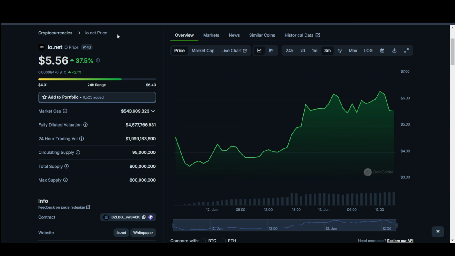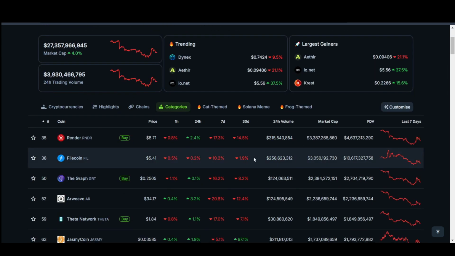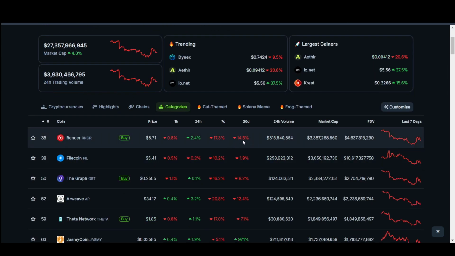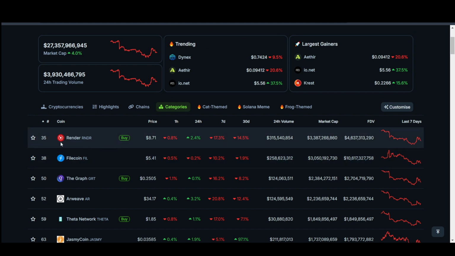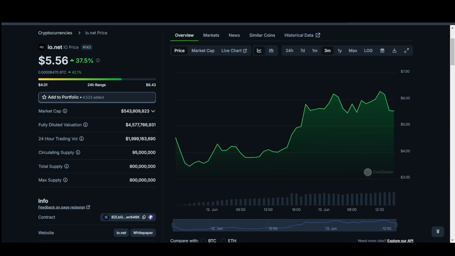If you look at Render, that has been going down, so overall we are seeing a correction in this category. It is better to wait for this coin to go below $3, or even 3.5 is a pretty good buy.